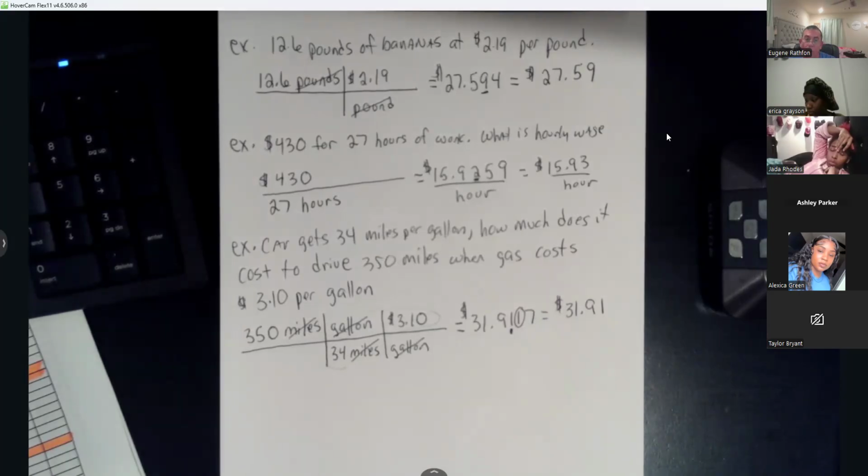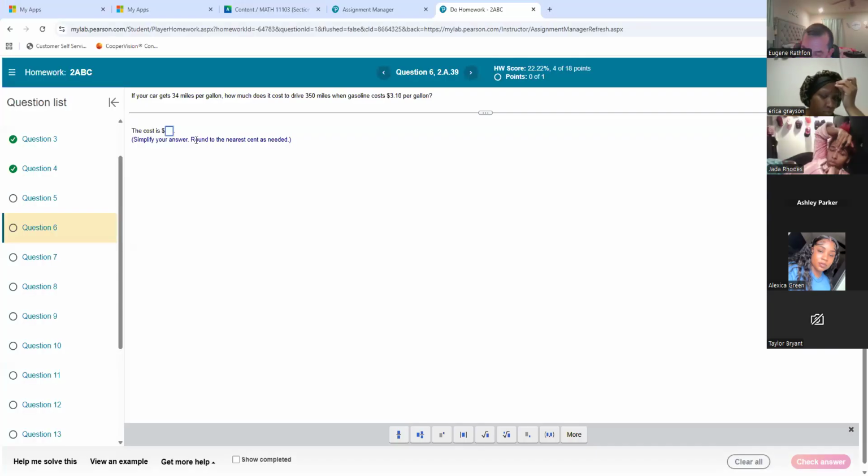So if you get 34 miles a gallon and your gas costs $3.10 per gallon, for $31.91, you can drive 350 miles. All right, y'all, so you'd go put that in. Now you see, MathLab's already got the money symbol there, so you don't have to put the money symbol. You just got to put the amount we got.